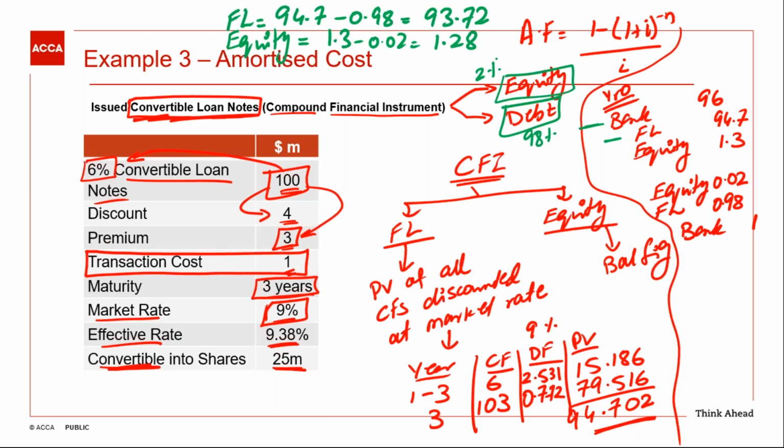Amara is asking, I'm confused at 1.3 equity. Amara, 1.3 is the balancing figure. 96 from the entry minus the 94.7 of the liability which we had calculated using the present value. So 1.3, Amara, is the balancing figure.